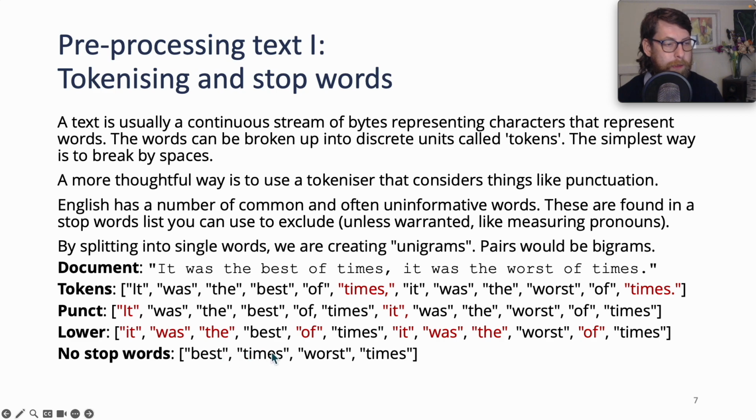But just in that order right there, best times, worst times. Despite the paucity of information that's there, this still really signals the original phrase. As it happens, if you put this into a search engine, you will almost certainly come up with the Dickens quote as the top or the second to top entry. Now let's go have a look at how we might do some of these things in JupyterLab.